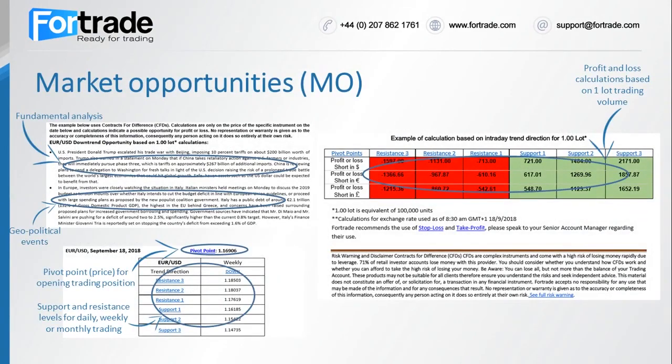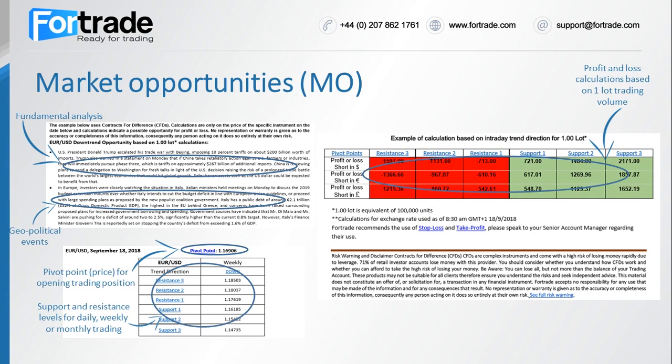So here's an example of a very recent market opportunity, one from last week in actual fact. Here you can see fundamental analysis on what's going on with the euro-dollar currency pair. You can see this is a downtrend opportunity over a weekly period.